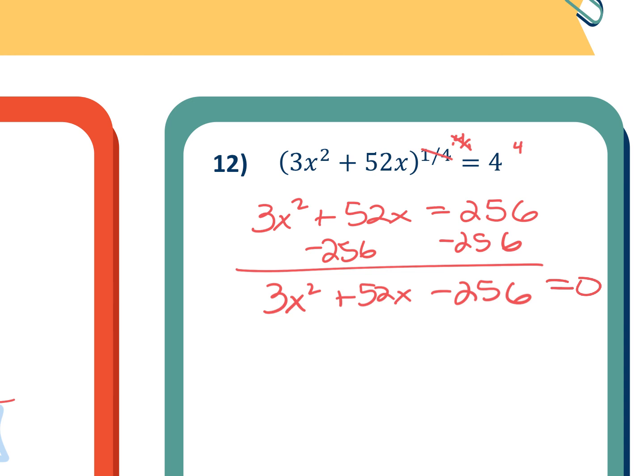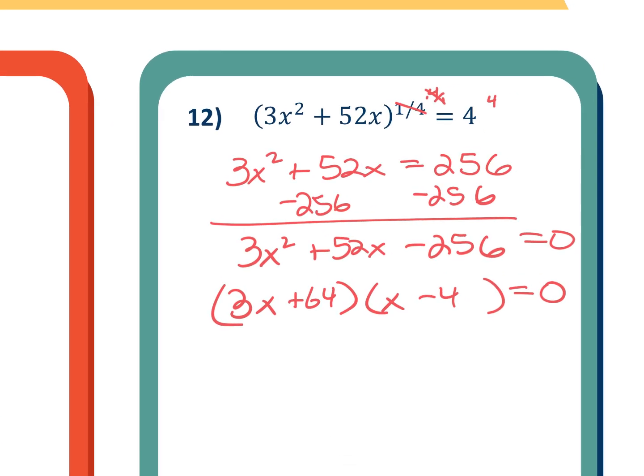Factors of 3 are just 3 and 1. Factors of 256, just to save time here, it's going to be positive 64 times negative 4. Again, I would have probably done grouping on this one. This one was kind of large. Or you could guess and test.